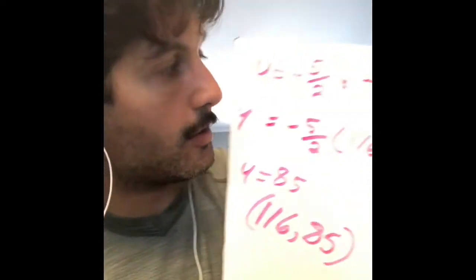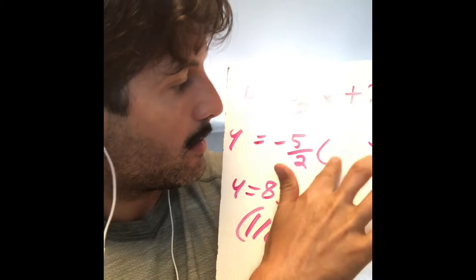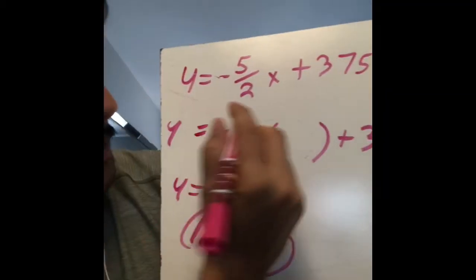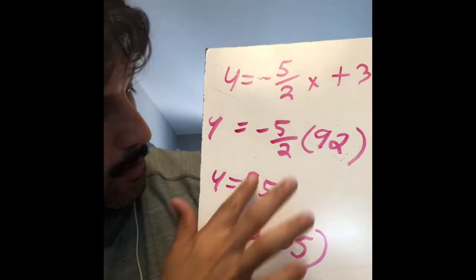Last one, 92. I'm just going to erase. So instead of 116, I'm putting 92.